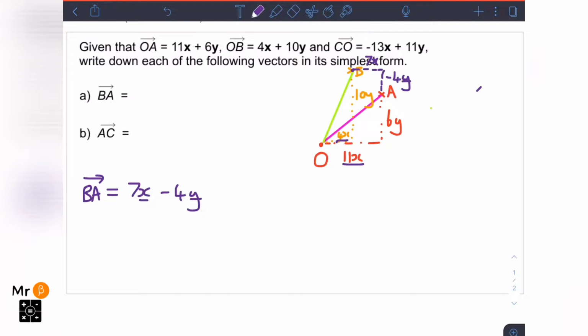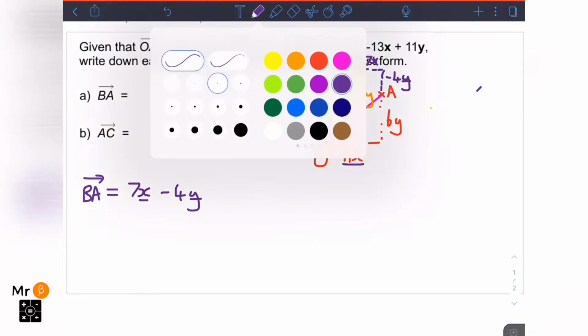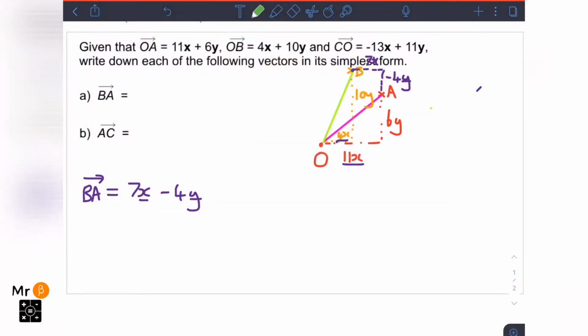In order to work out my vector AC, we first of all need to plot C onto our diagram. So again, I'm just going to draw a separate diagram so it doesn't get too confusing. O to A, we've gone across by 11x and up by 6y to get that first point.